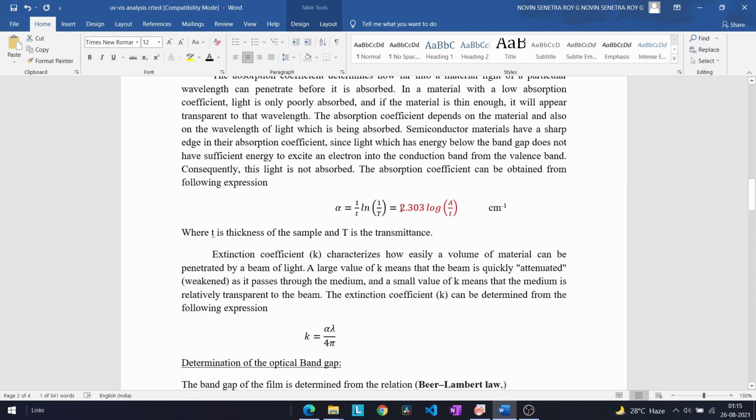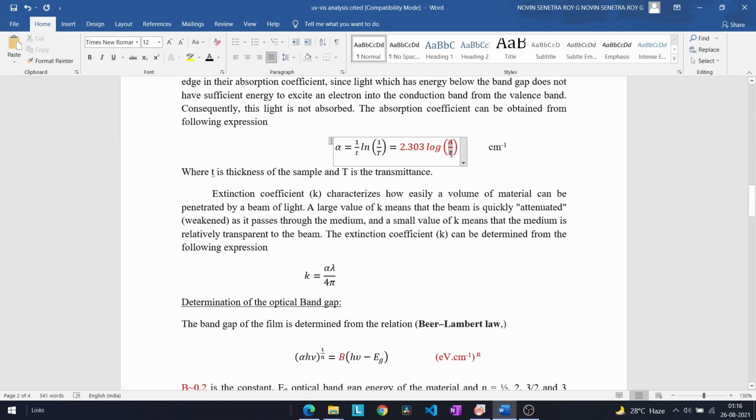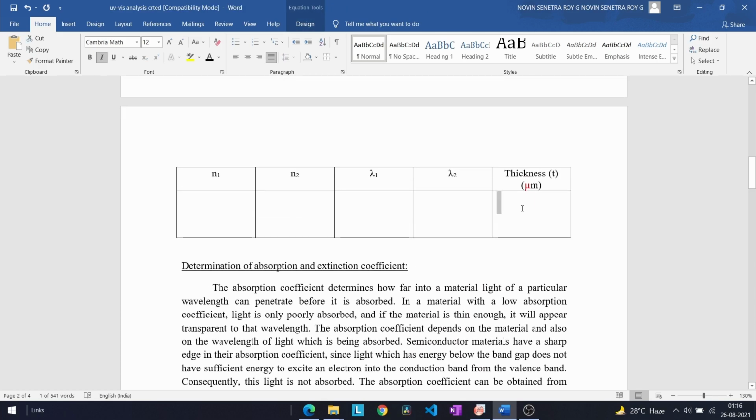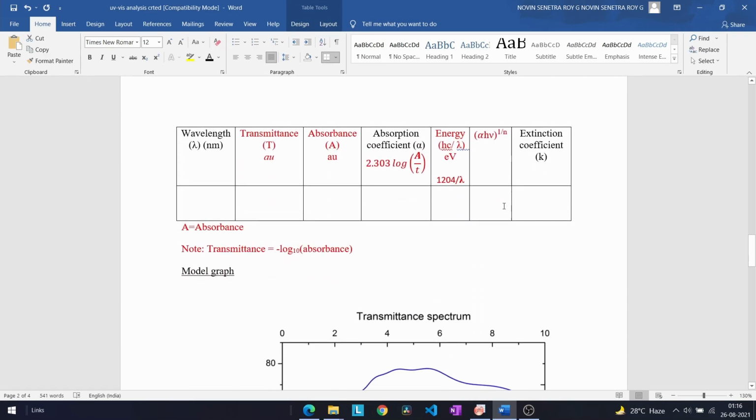If you go down, you can find the absorption coefficient using a formula like this, where A refers to the absorbance, and this t refers to the average value that you put here. The absorbance can be found using the same equation.